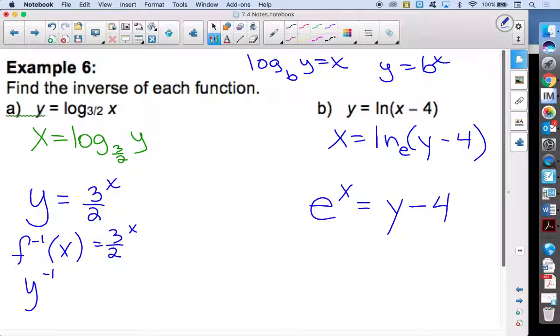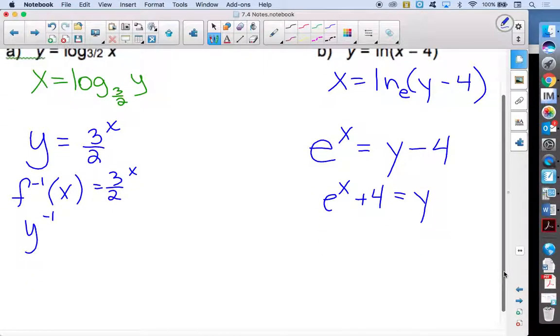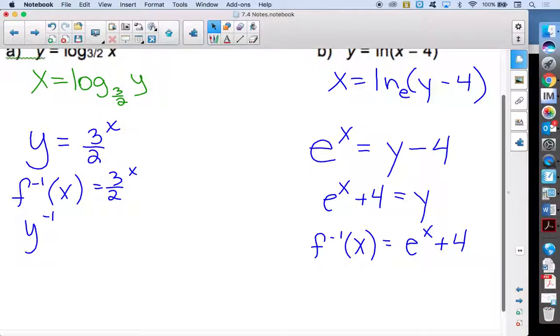You get y by itself. So it would be e to the x minus 4. So close. Plus 4. Plus 4, yeah. So e to the x plus 4 is equal to y. So inverse notation, either use f(-1) of x or the y with the -1. So e to the x and then plus 4.